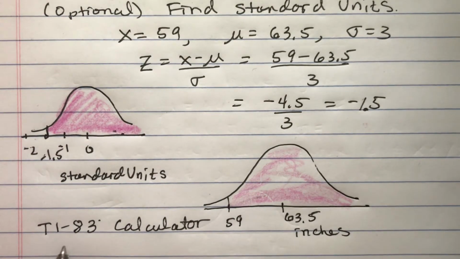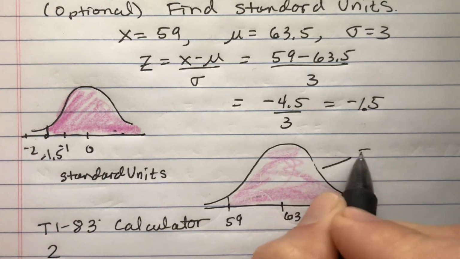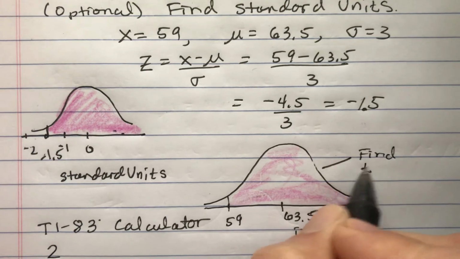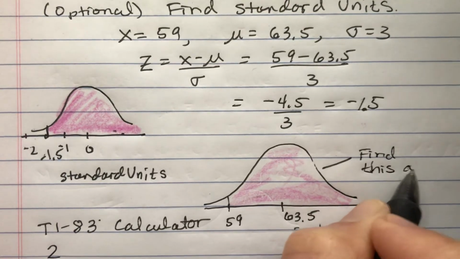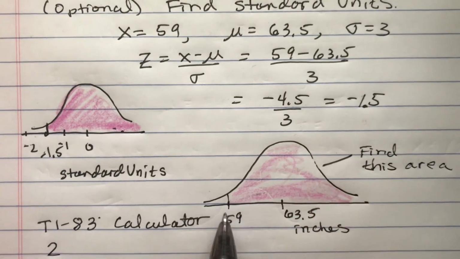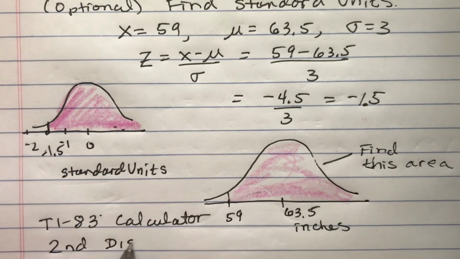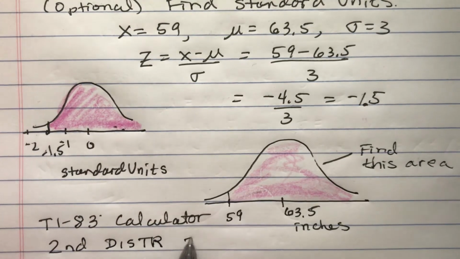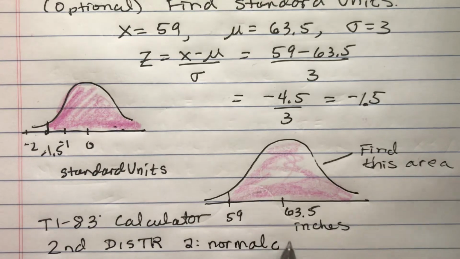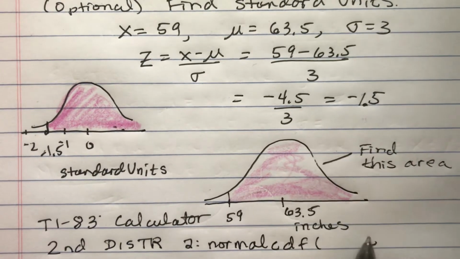Okay. But I'm using the TI-83 calculator to find this area, because we're looking for the proportion of the population which is above 59 inches. So I use second distribution, and I use 2, which is normal CDF, and then I enter.